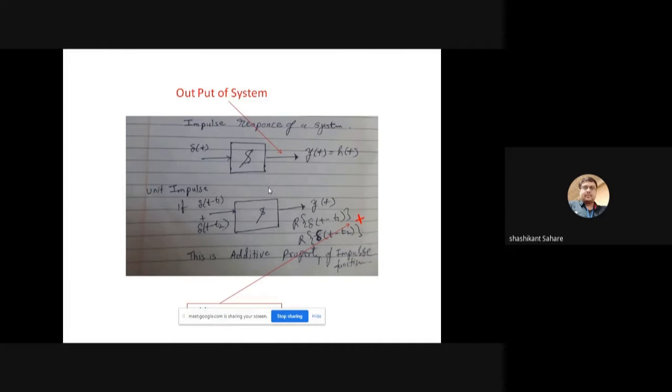The impulse function is also said to be a standard test signal because of the properties of the impulse function we have seen. Now let's come to one more important property of the impulse function, that is the additive property. Suppose, in the second figure, δ(t) is shifted by some time t1.